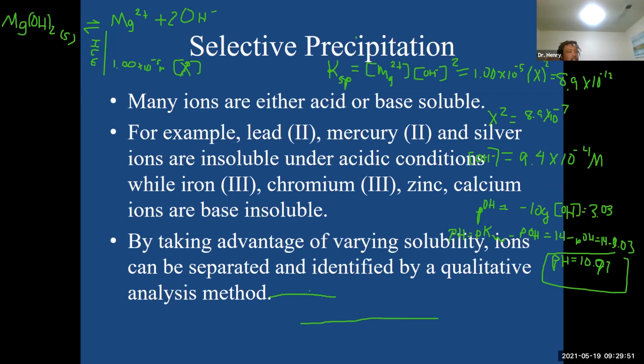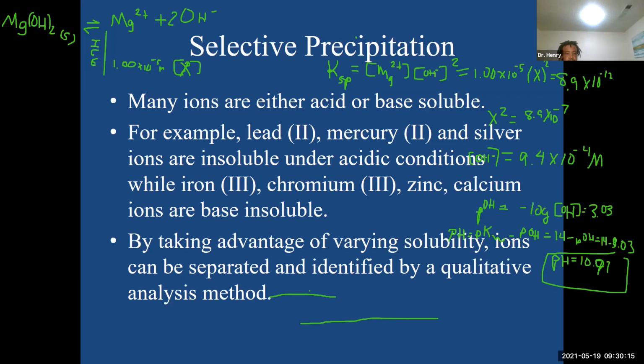Does that make sense? So this here is basically playing with that: sometimes you don't get things that are soluble because they're not going to be soluble. And these are just some examples. So many ions are going to be either acid or base soluble.